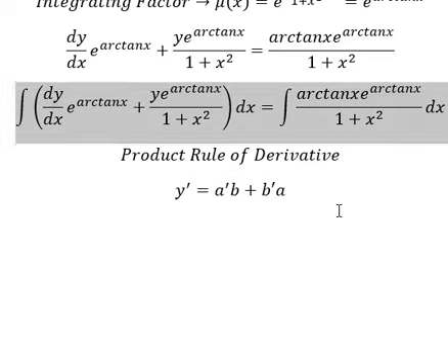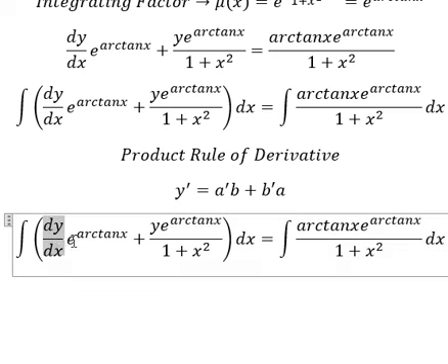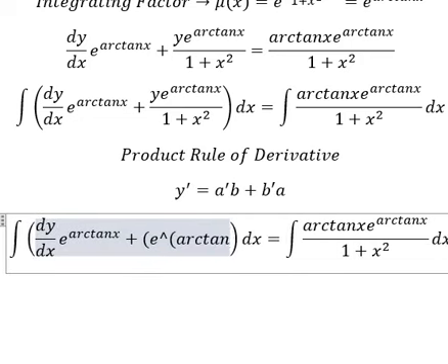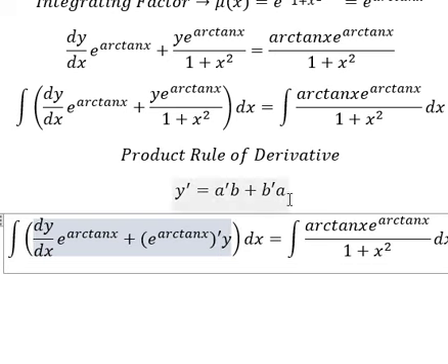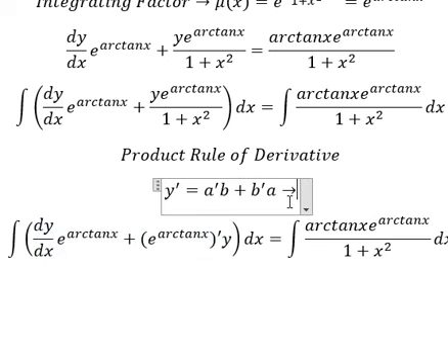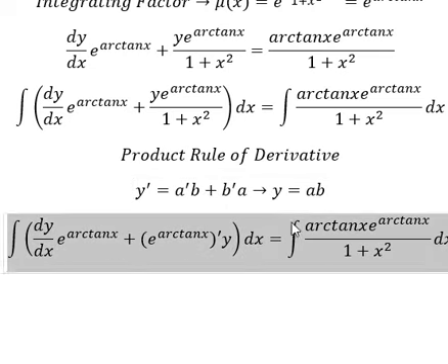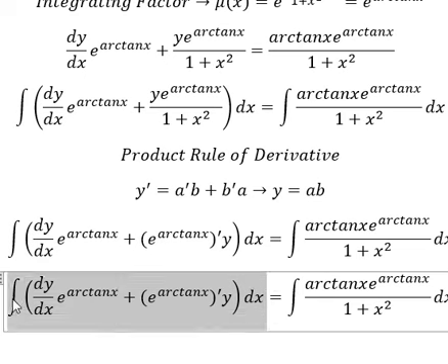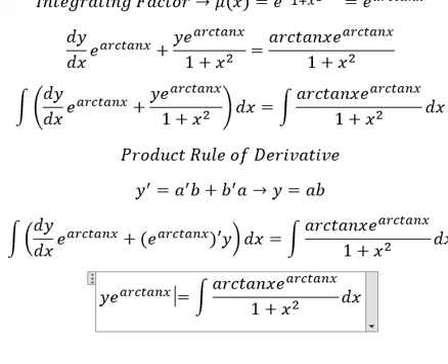So we have the first derivative of a multiplied by b, this one, plus the first derivative of b multiplied by a. So the integration of this one, we have y equals ab. So the integration of that one is y e to the power of arctan of x.